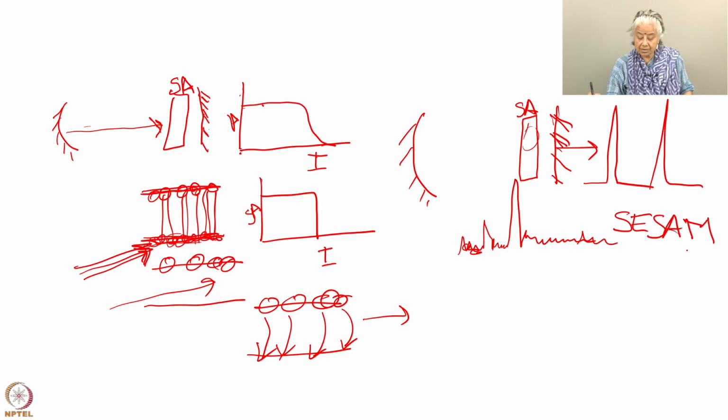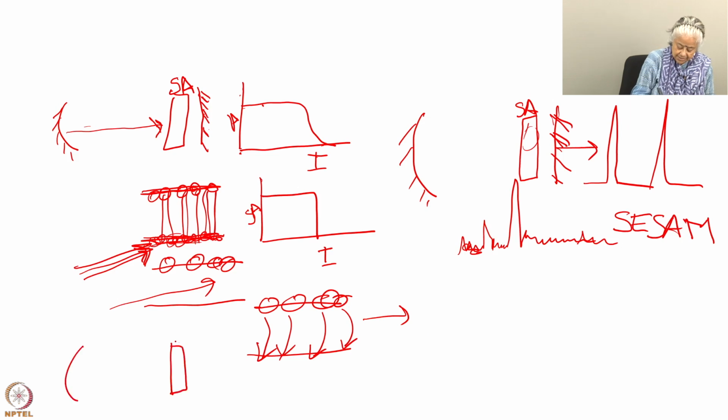M stands for the mirror. So by very good technology nowadays, you can stick this saturable absorber to the mirror. So you will have a resonator like this, and this mirror itself is a saturable absorber mirror.